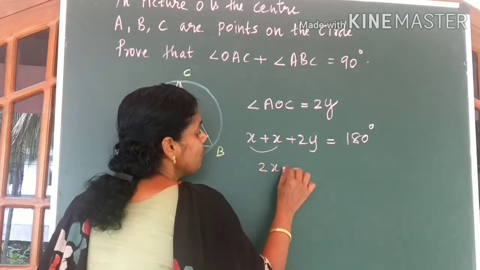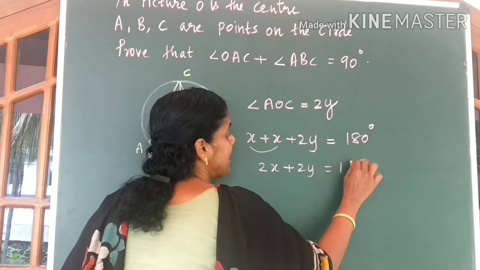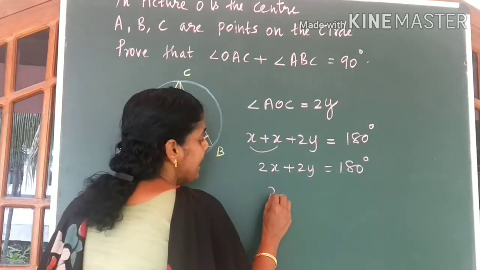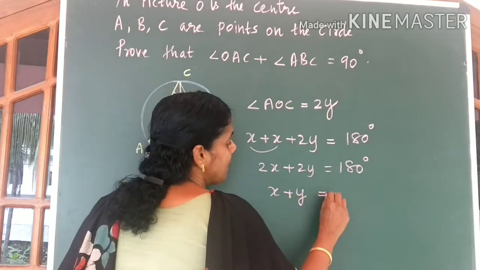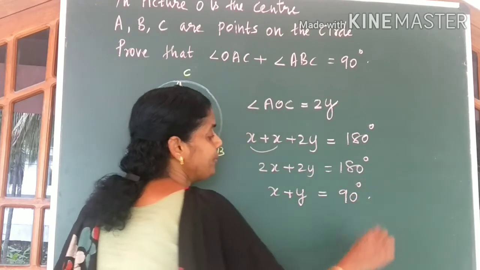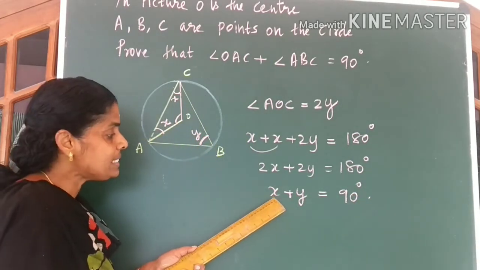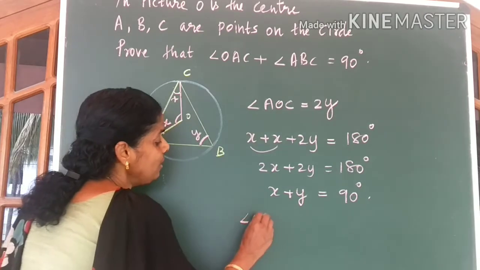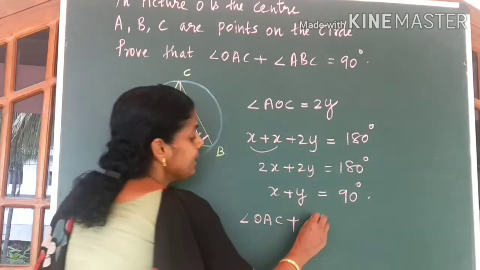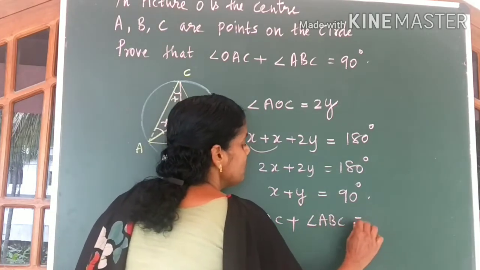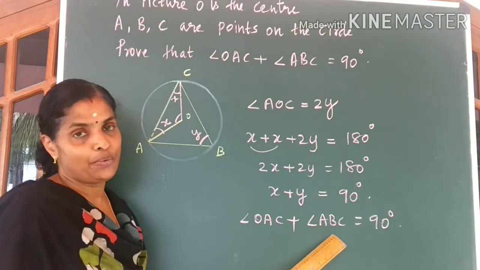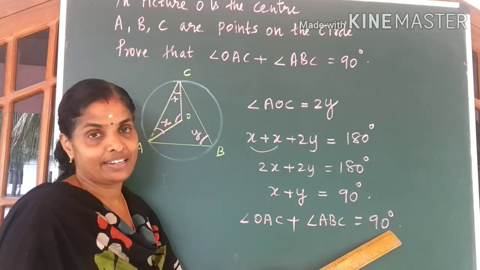You get 2x plus 2y to be equal to 180 degree, or otherwise x plus y will be equal to 180 divided by 2, which is equal to 90 degree. For us, x is nothing but angle OAC and y is our angle ABC. We have proved the sum of these two angles to be equal to 90 degree. Is it clear?